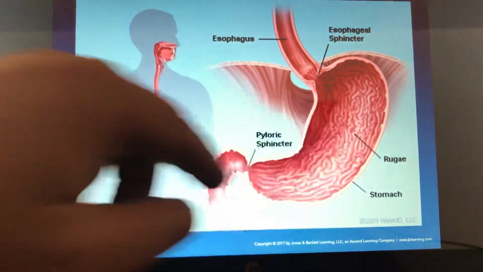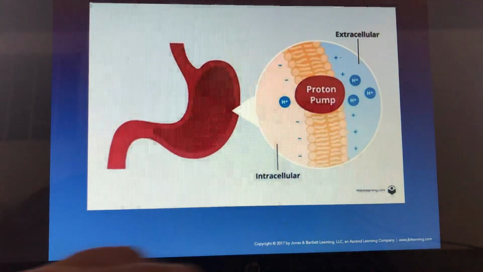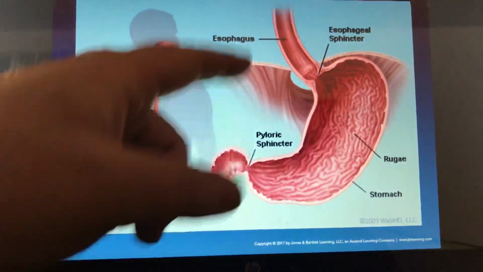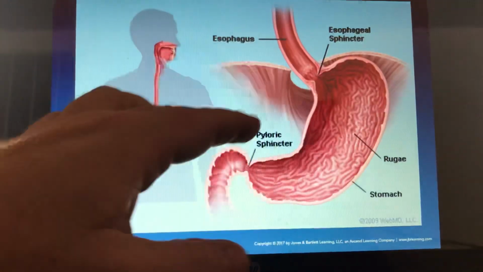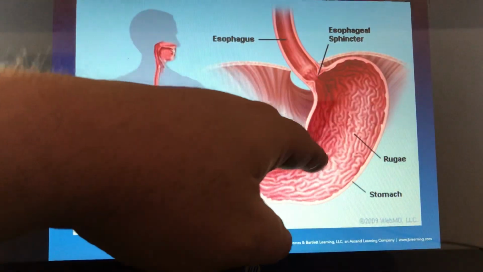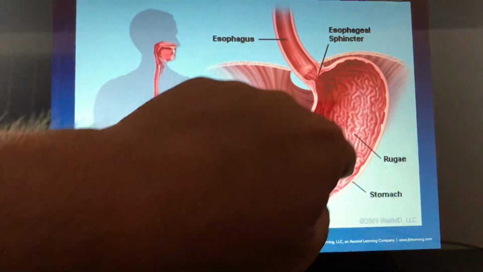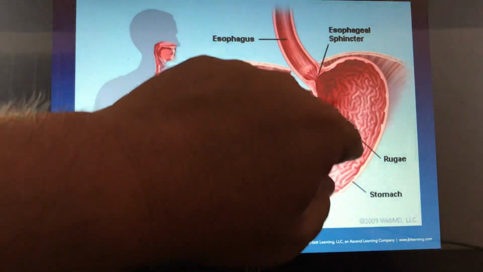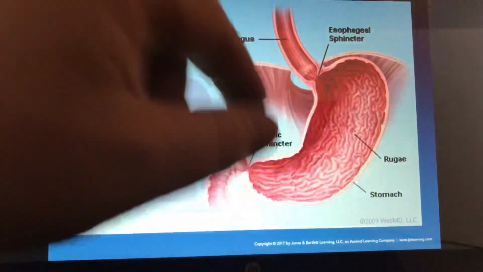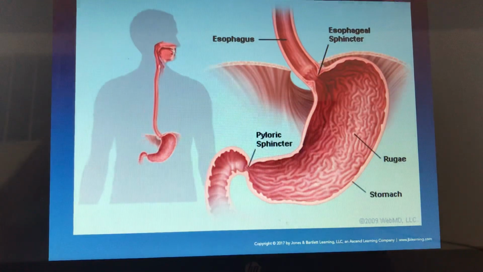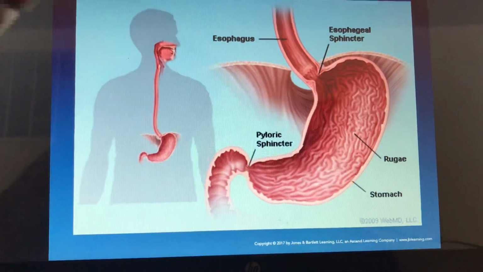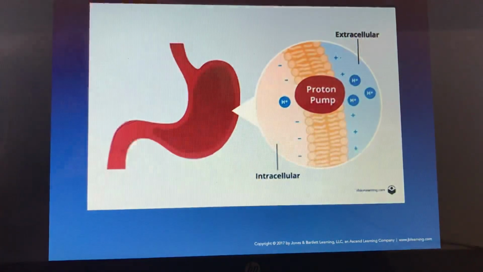So inside, there's the layers of the stomach. Let me see if I've got those. Nope, I don't. But there's layers to the stomach, and they have that musculature, and then there's a lining inside. The lining is kind of built up like this right here, and it's called rugae. And the rugae has inside of it proton pumps, and those proton pumps produce acid.